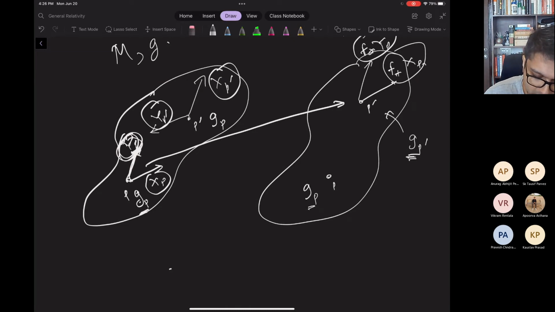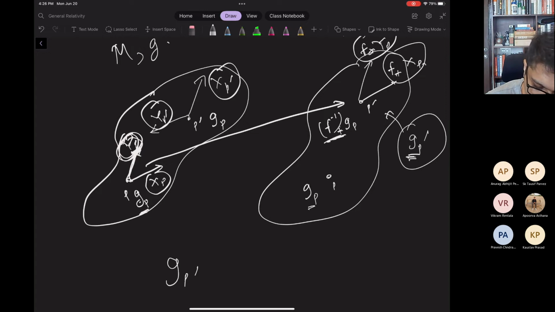We could have gotten F inverse star GP, so we could have gotten the metric through this push forward. But instead, we'll take this metric GP prime and use it to construct the inner product of these two vectors.